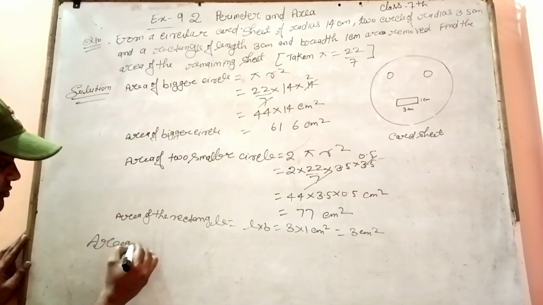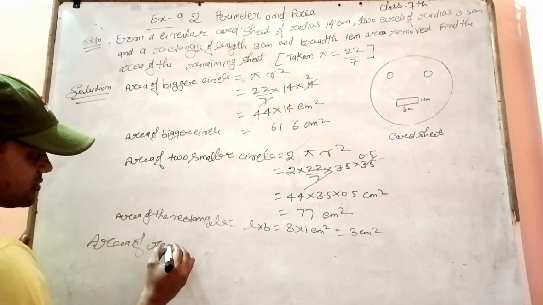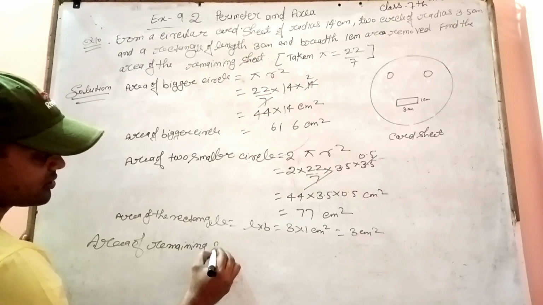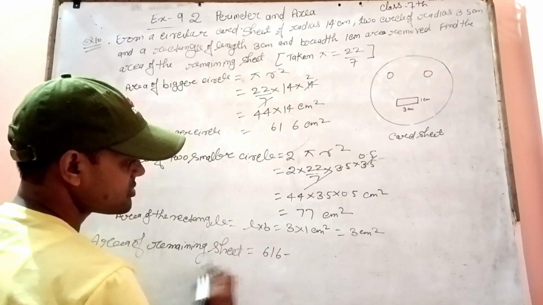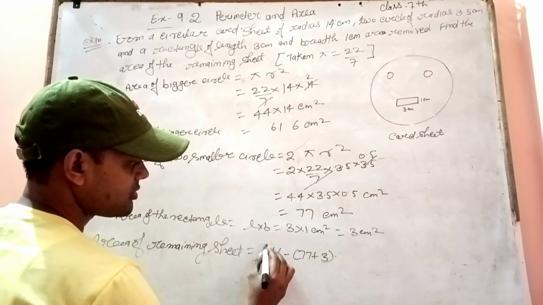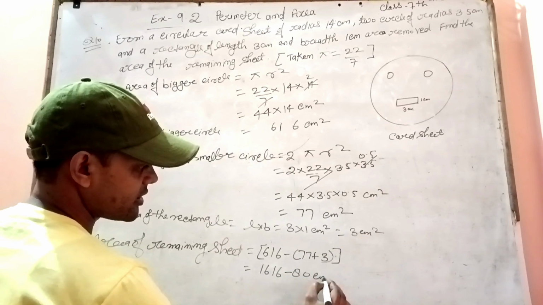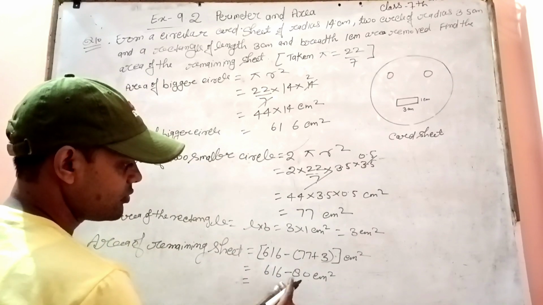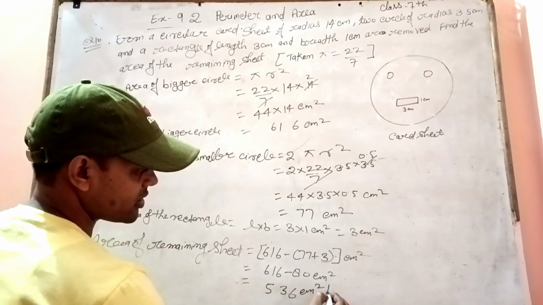Area of the remaining sheet is equal to 616 minus 77 plus 3, equal to 616 minus 80 centimeter square, equal to 536 centimeter square.